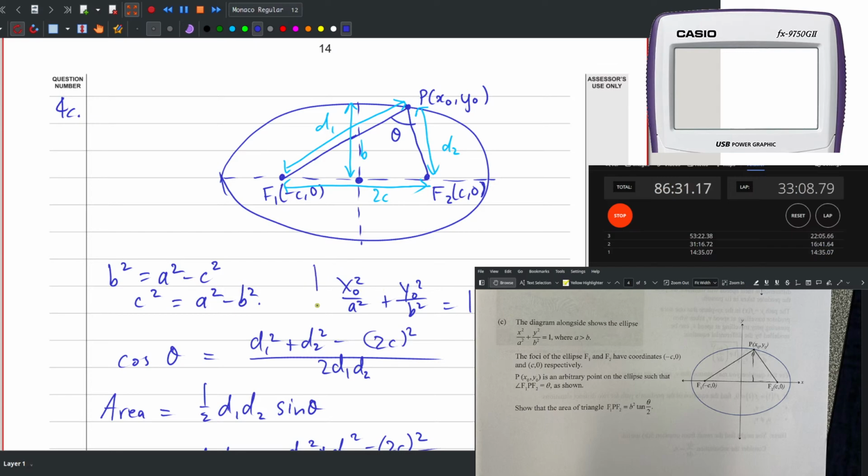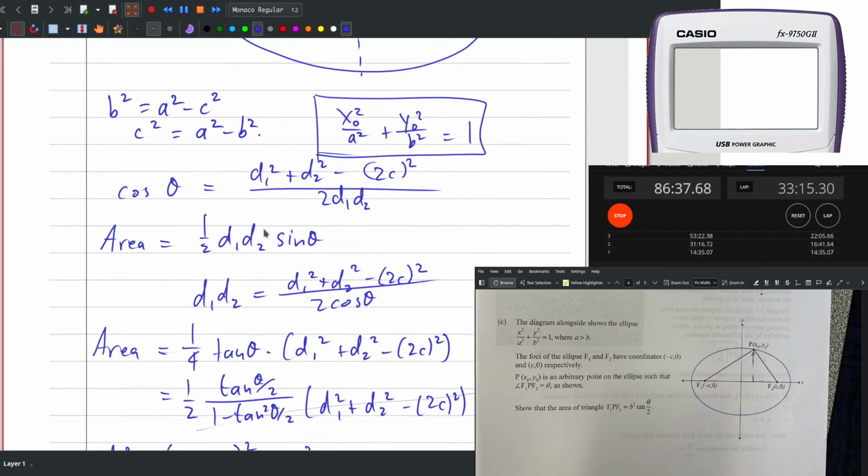I feel like you have to use the ellipse equation at some point, and since we haven't used that, it's kind of sus.